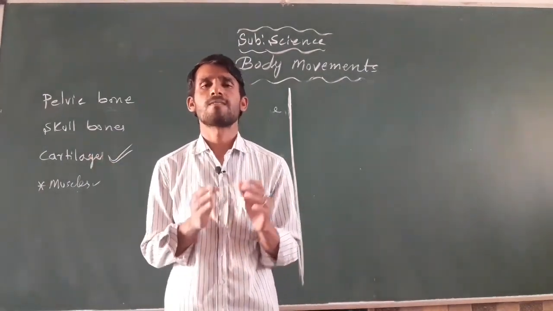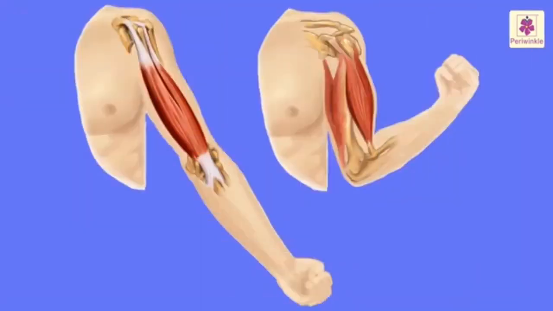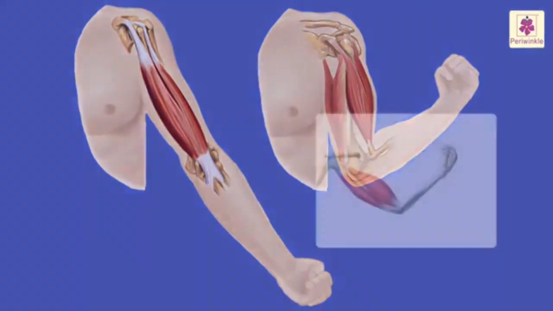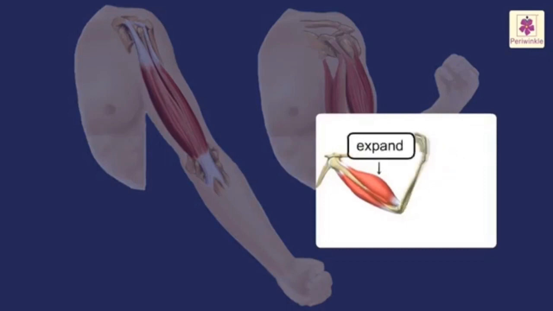Now, let us learn about the softer part of our body, that is, the muscles. Our bones cannot move on their own. They are covered with body tissues that expand and contract, thus causing movement.